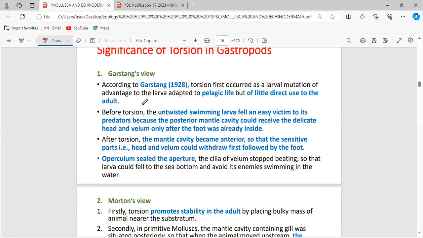Now, before torsion, the untwisted swimming larva fell an easy victim to its predators. Yesterday one person asked a doubt: what is the important significance of torsion?